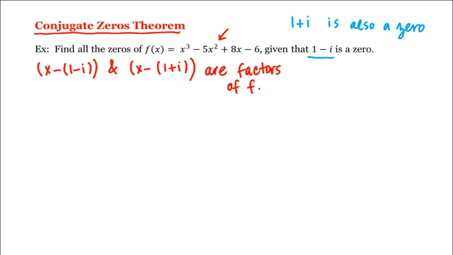And therefore, so is their product. That is, x minus 1 minus i times x minus 1 plus i is also a factor of f.